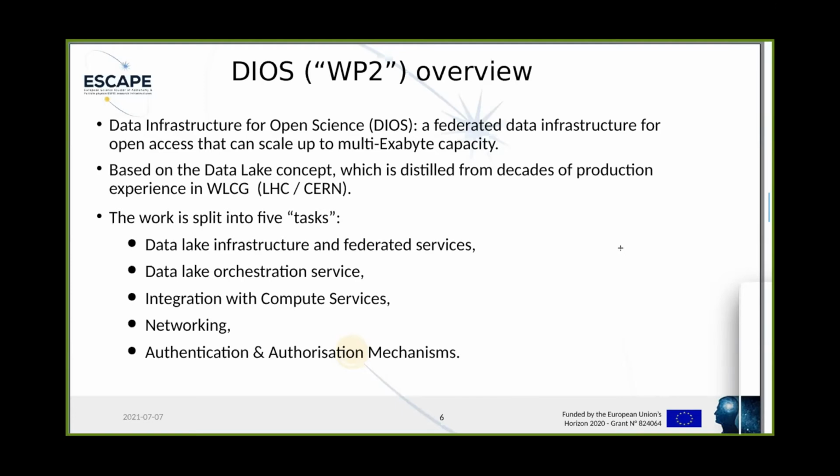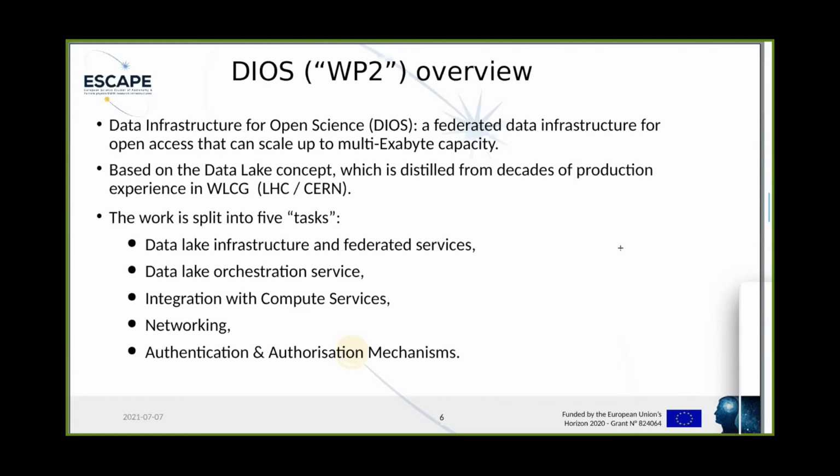I'm going to talk a little bit more about data lakes in the next slide, but just to finish off in WP2, there are 5 tasks within WP2. So this is 5 things within storage. The first one is kind of the most important one, the nuts and bolts of the data lake concept, including building up a test bed that we're using to really kick the tires and make sure this thing works.